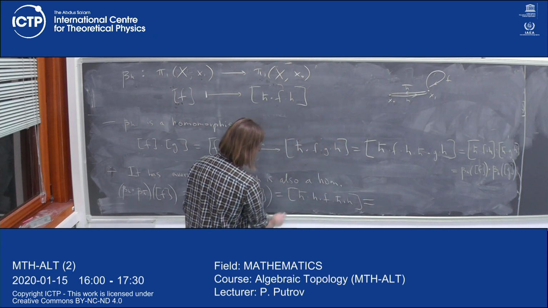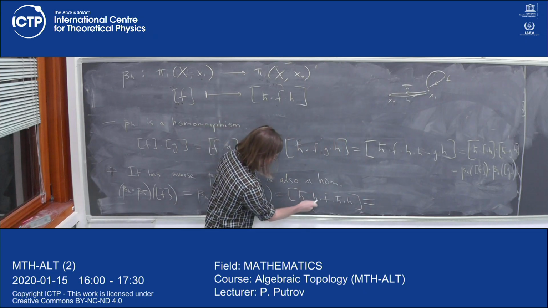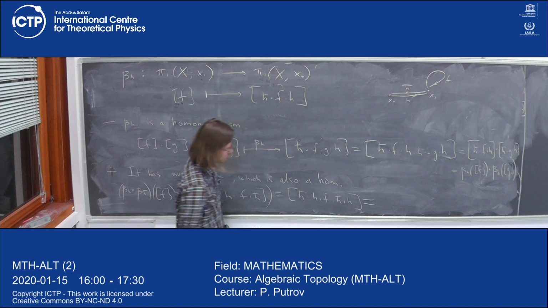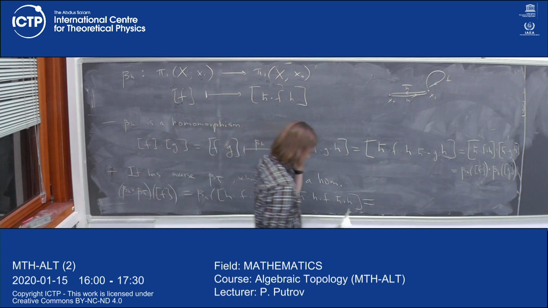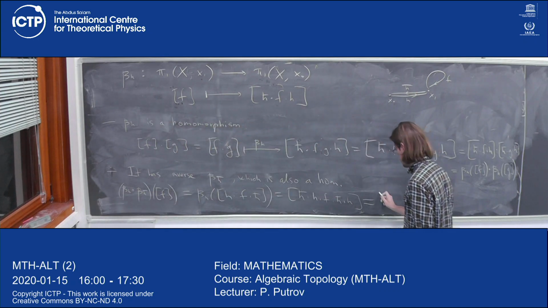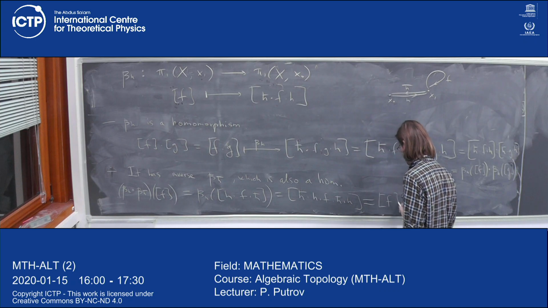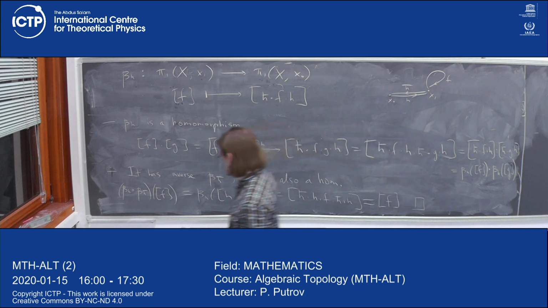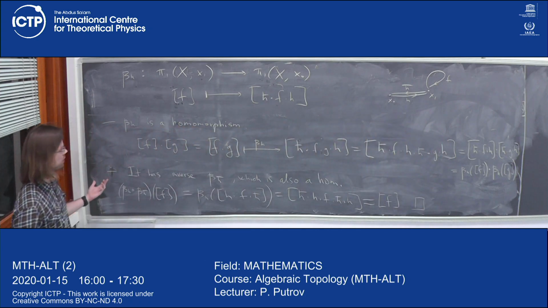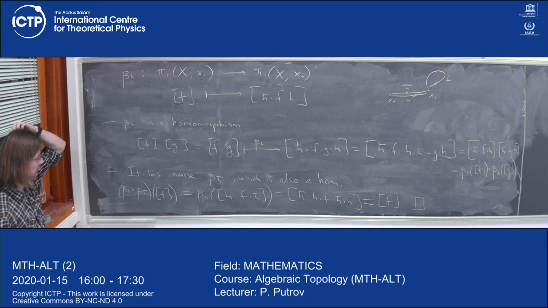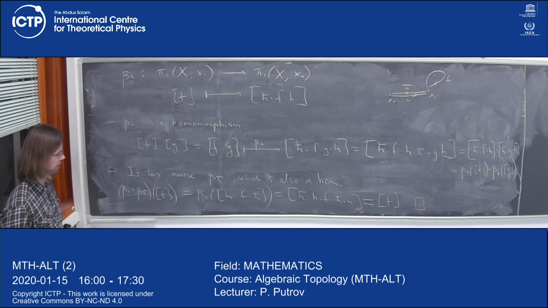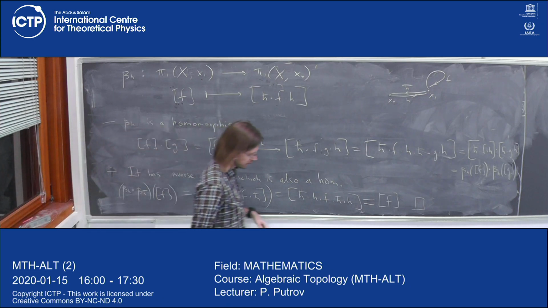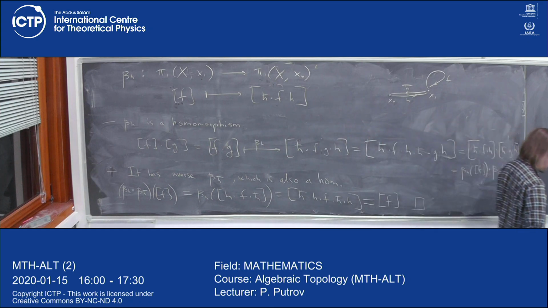Then I use the fact that the compositions of these are homotopic to constant paths. And this is the same stuff. So this is indeed the inverse. And so we know that if I have a homomorphism which has a left and right inverse, which is also a homomorphism, then it's an isomorphism.